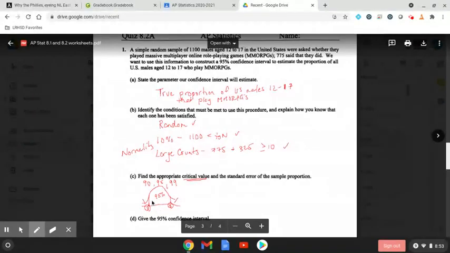So we can use our calculators. If we did menu 5, 5, and then inverse norm, so 5-5-3, it asks for area. But remember, area in the calculator reads left to right. So I'm not putting in 95%. I don't want the middle 95. I just want this tail. If I want to find this z value here, I need the area that's in this tail, which is 0.025.